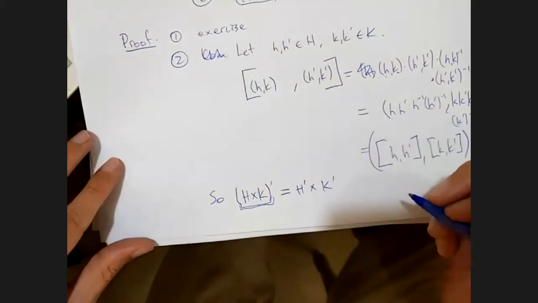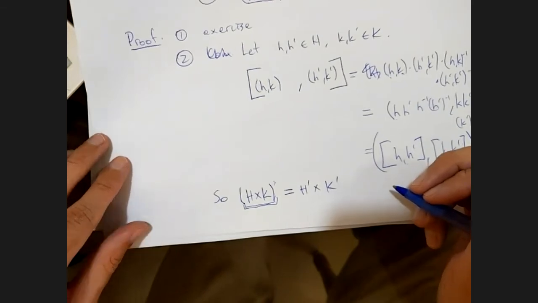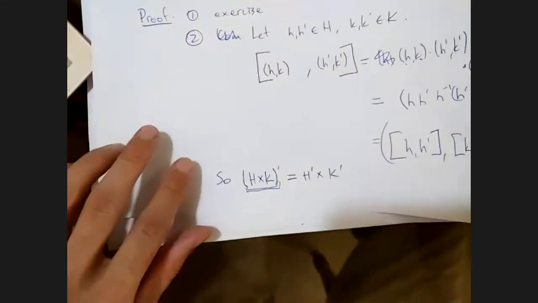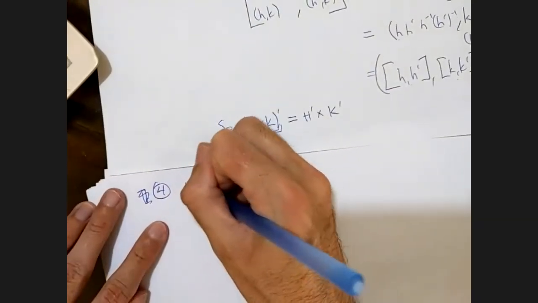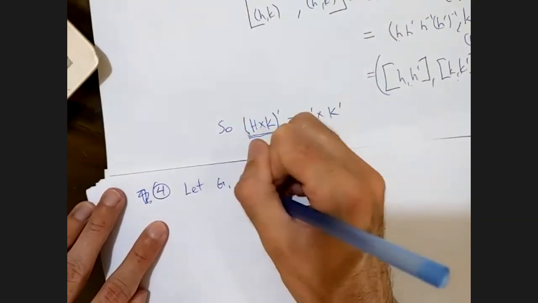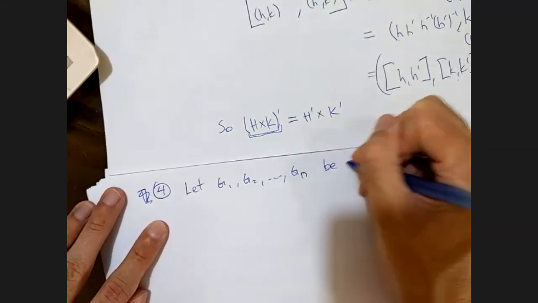Now we want to show that the direct product of solvable groups is solvable. So this is part 4. Let G_1, G_2, up to G_n be solvable.